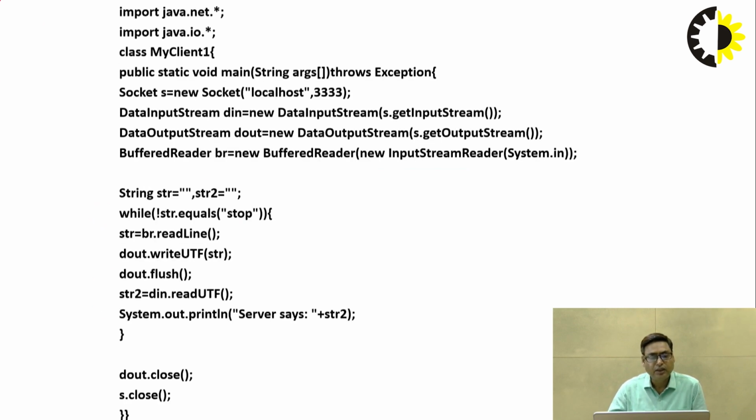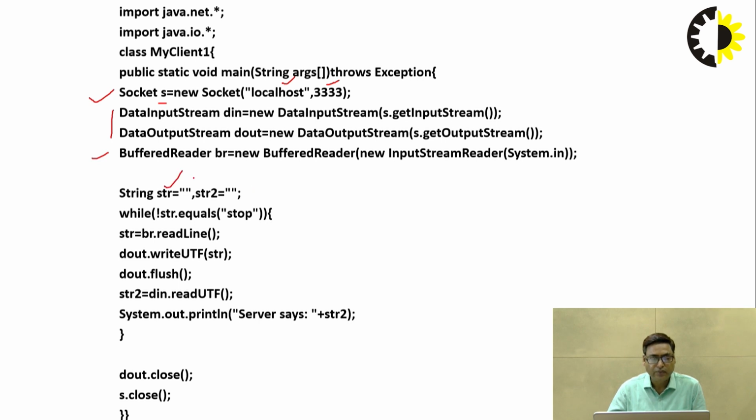Similarly, we have a client program. The important part is that here we are using only the class socket, and it is connected with the localhost and the port number 333 as we have used in the server. Again, we have two streams, data input stream and data output stream, and we are using buffer reader to get the value from the keyboard.